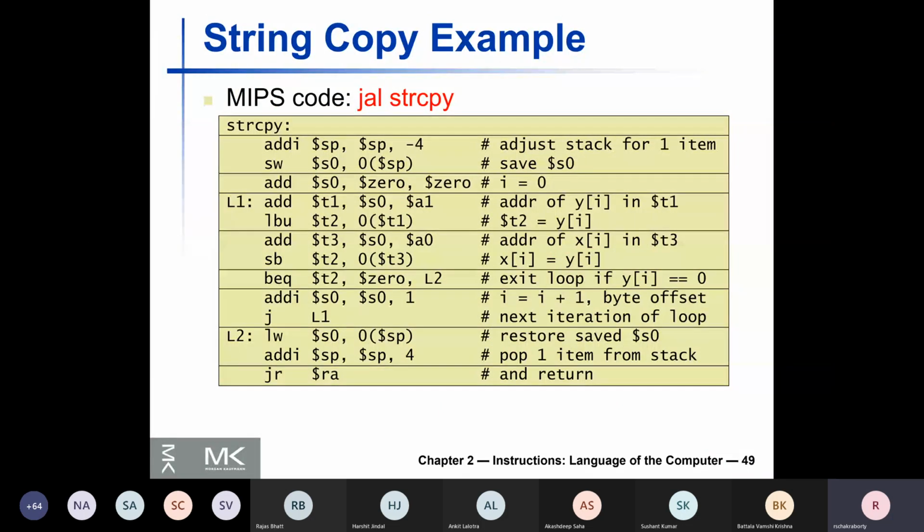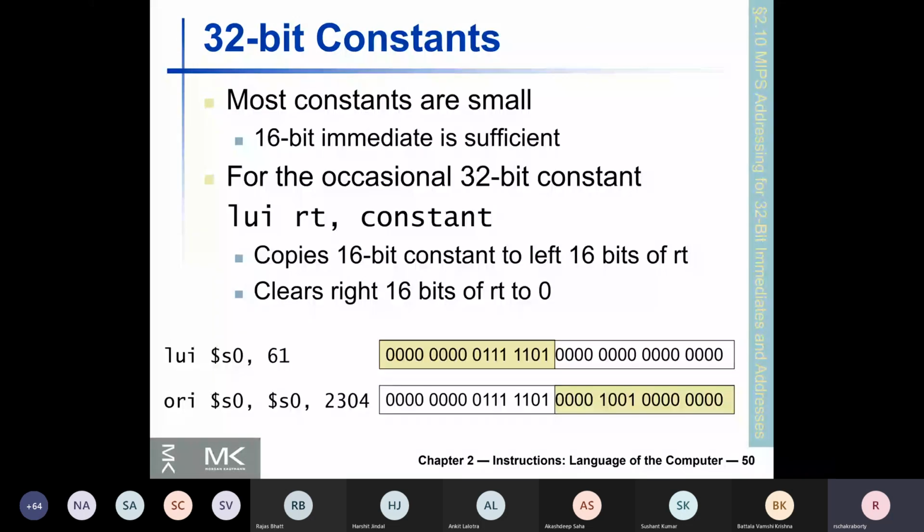Now, this is an important conceptual topic which is very often needed. So you should pay attention to this. Till now, most of the constants that we have seen in say ADDI type of instructions are small constants.